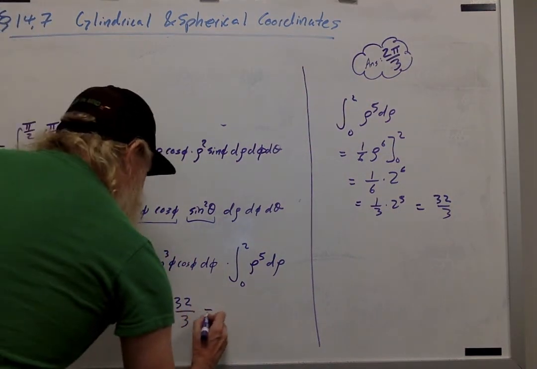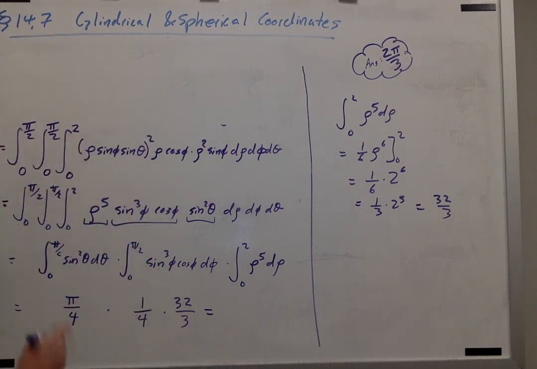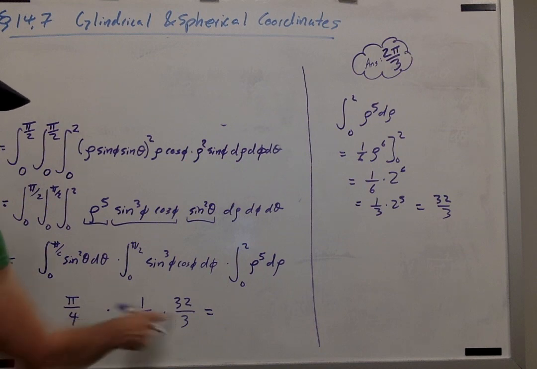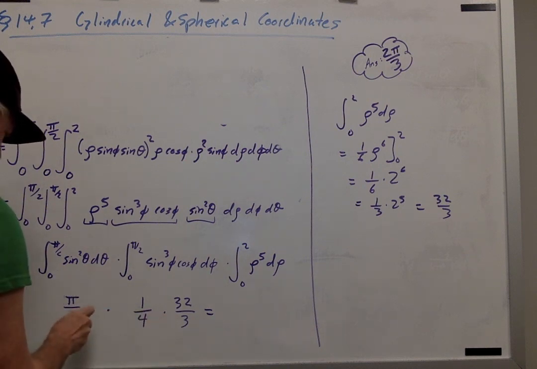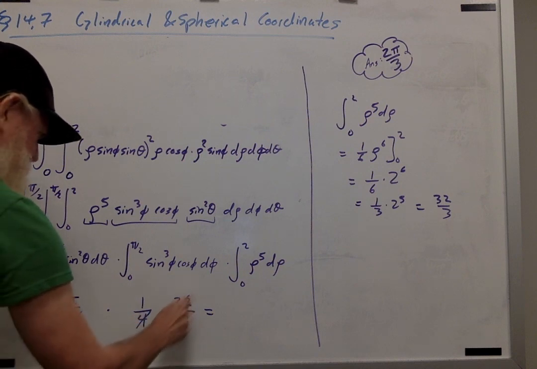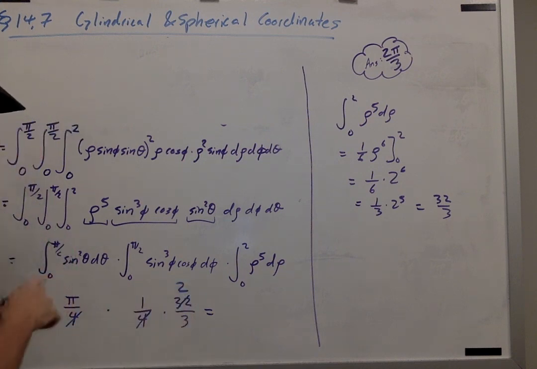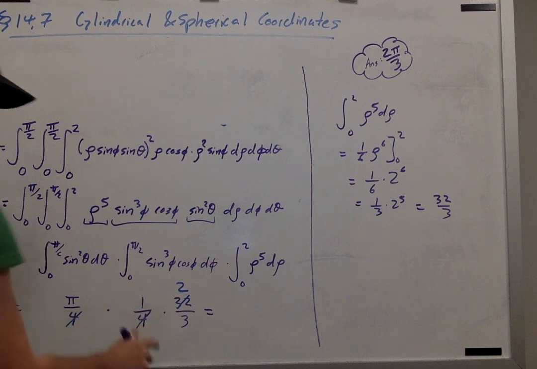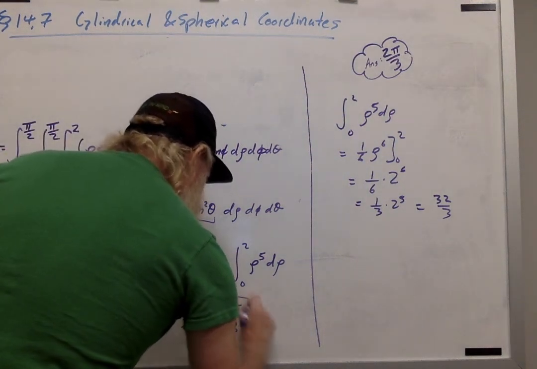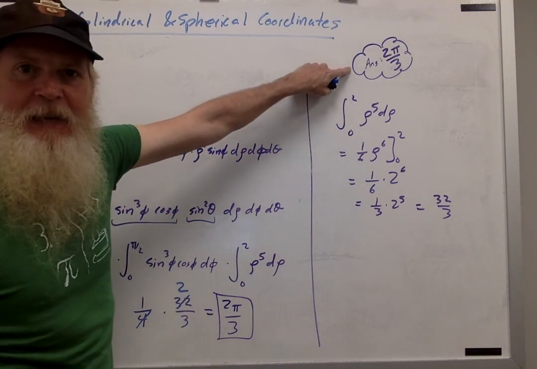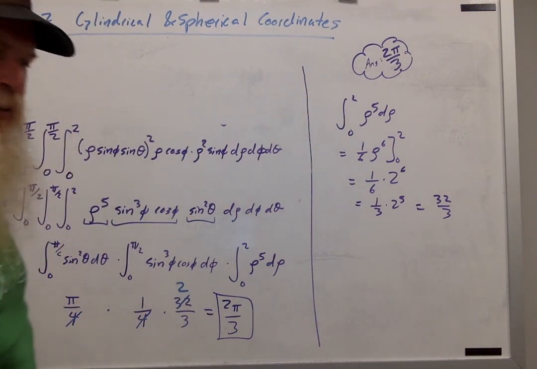So that means that the volume, it's not a volume, the integral we were trying to calculate is pi over 4 times a fourth times 32 over 3. And 16 into 32 is 2. So this is the same as pi times 2/3, which is 2 pi over 3. And that's indeed the same answer we got when we did it using cylindrical coordinates.